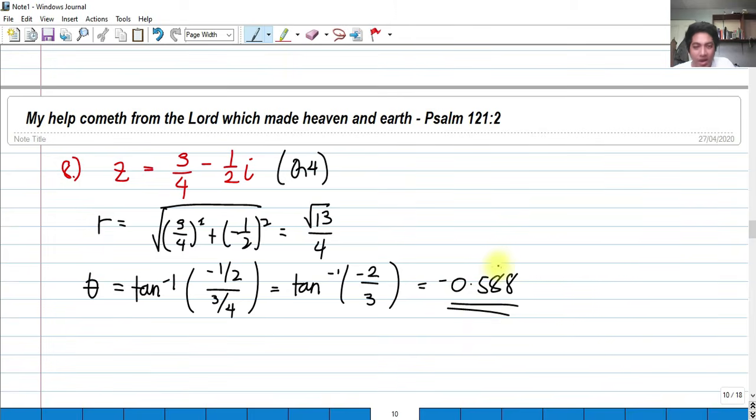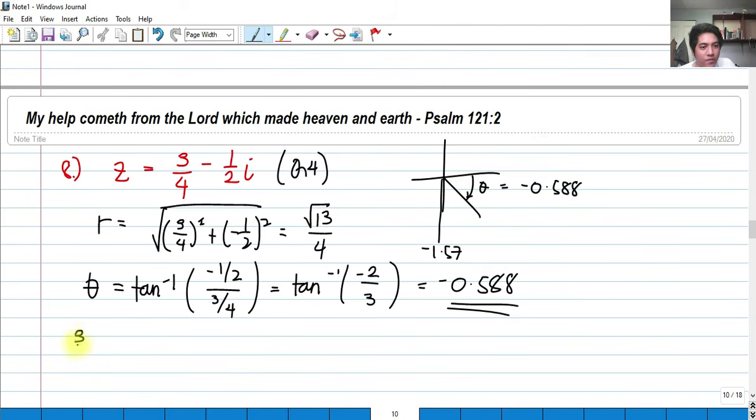So this is now correct. It is now located, if we measure it clockwise, at negative 0.588. Because if we extend the angle here to 90 degrees, that is pi over 2, which is negative 1.57. So it is still correct, and the answer that we have here is correct.